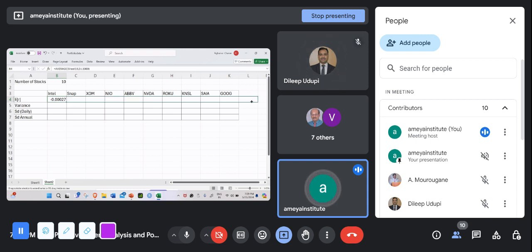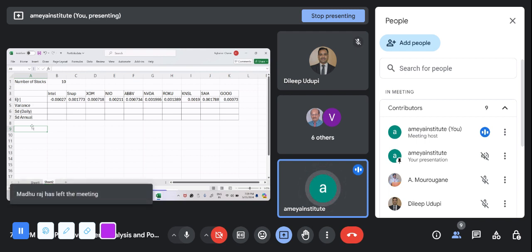So drag it to the right side. You will get the remaining stocks' returns also. Once you finish, let us do the daily variance and annual standard deviation later on.